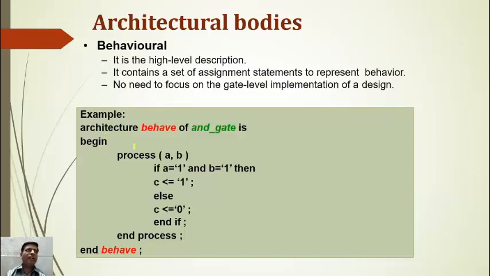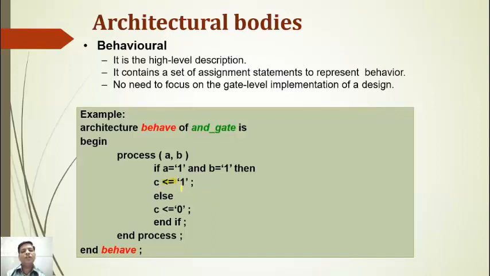After begin we write down the concurrent statements. So here we declare a process, process A, B. Here for the AND gate we write the architecture. If A is equal to 1 and B is equal to 1, then and only then C is equal to 1. If A is equal to 1 and B is equal to 1, then C is less than or equal to 1. It is an assignment operator. So because of that we have written it in this fashion.